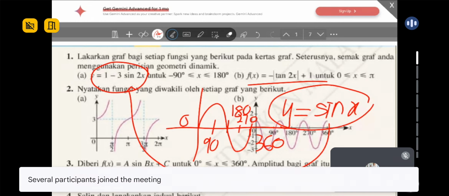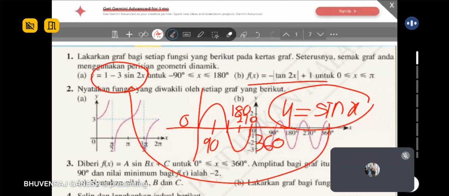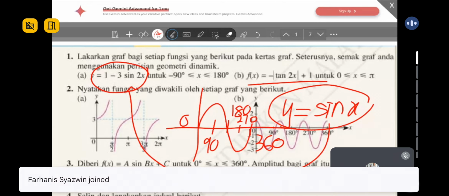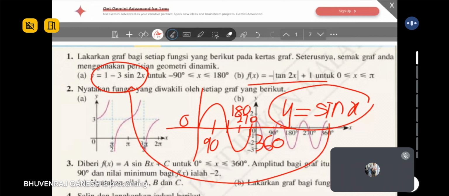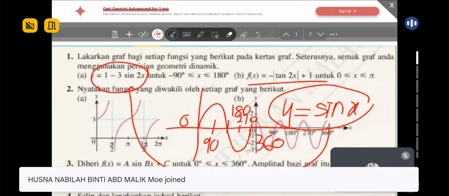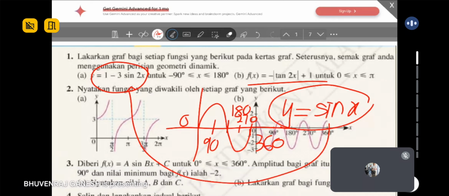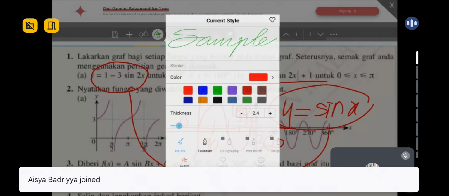So what else changed? Other than your amplitude and also your period, what else changed based on the equation? Got one more thing. Yes, it's plus 1. Correct. Okay guys, can you see this?